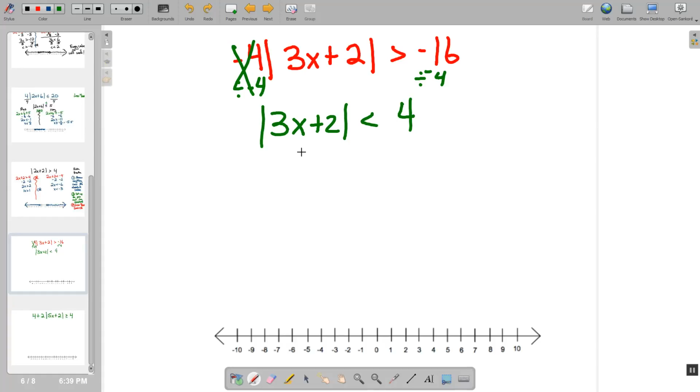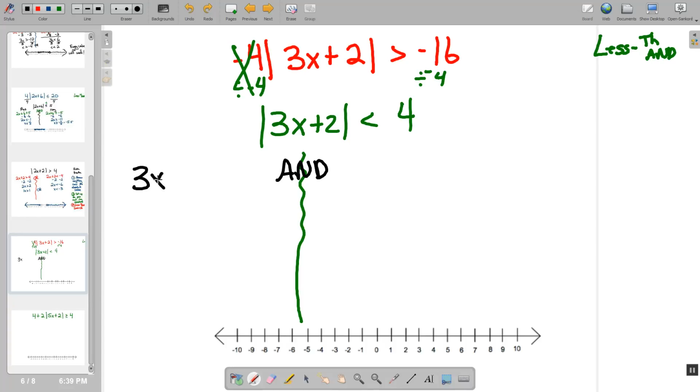Now that I have these alone, I can set up the equation, and now it is a less than symbol, so it is "and." So we have an and statement between them, and I can set up my problem.